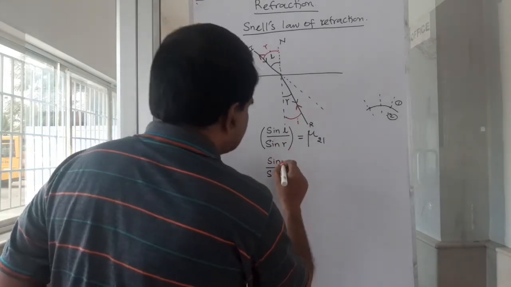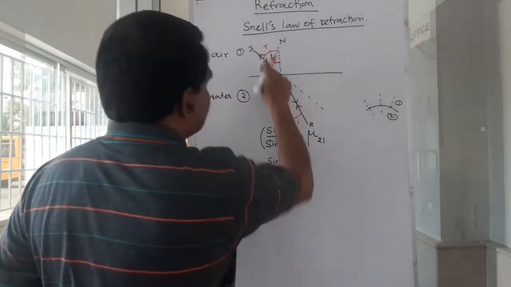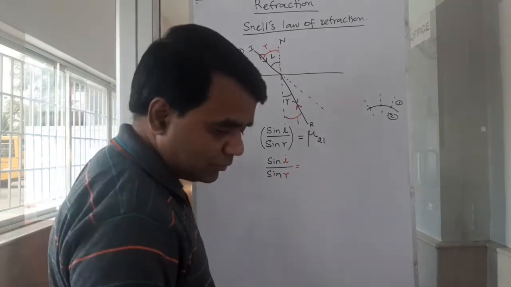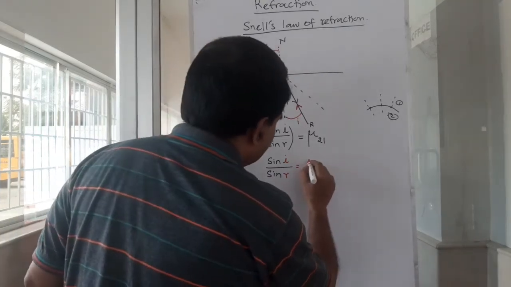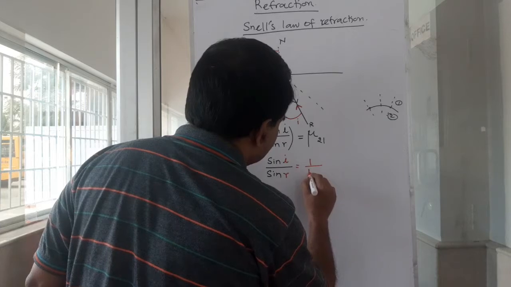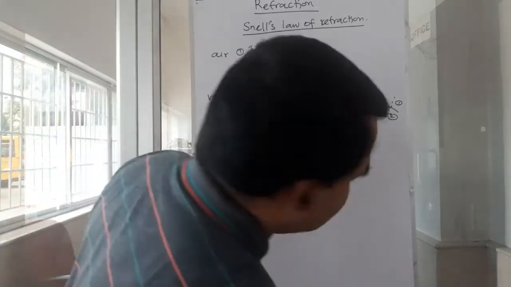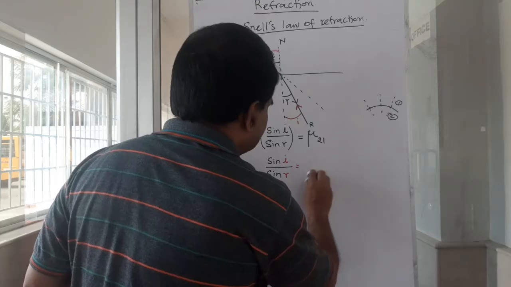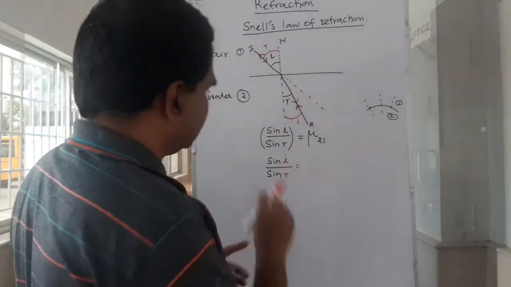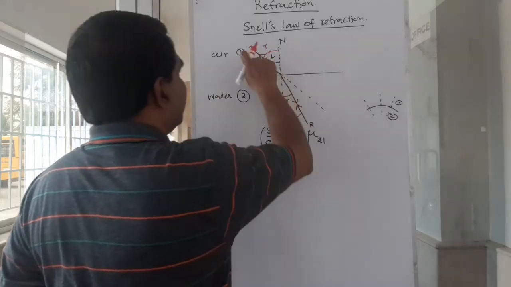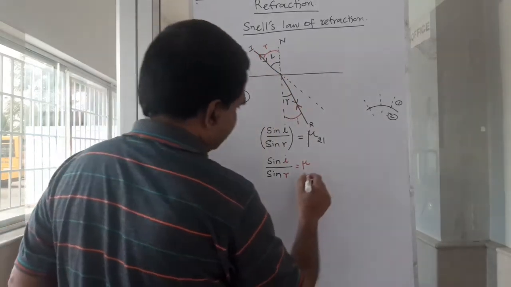Now what is this? Sin I by sin R must be equal to 1 by mu 2 1. This is equal to the refractive index of 1 with respect to 2.